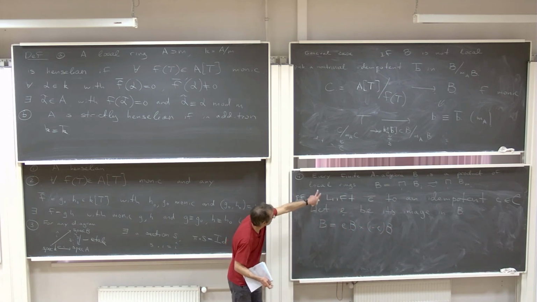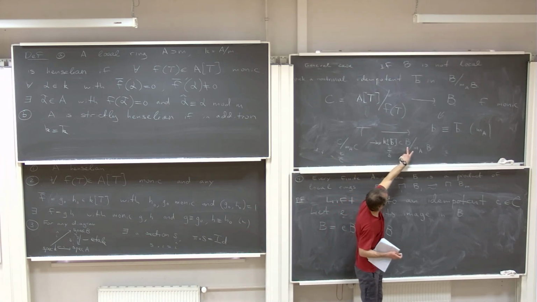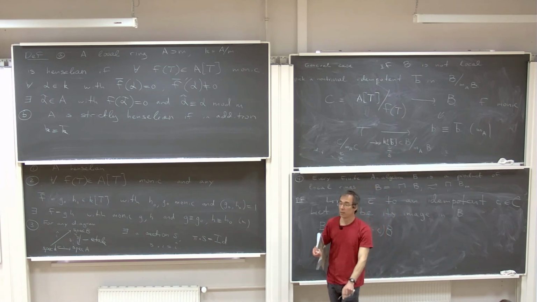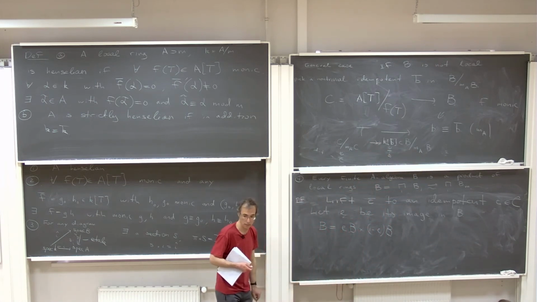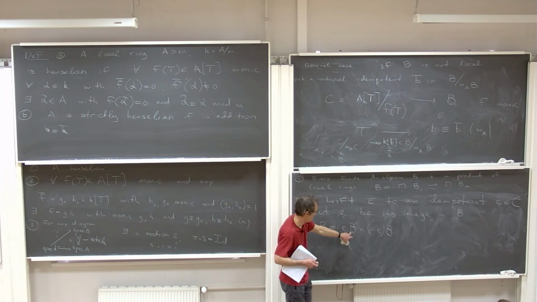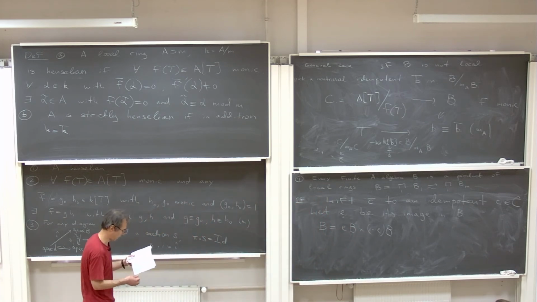So using this trick, we proved that every idempotent of the quotient lifts to an idempotent of B. Okay? Good. So this proves it by induction. So this has already fewer maximal ideals. So by induction, again, we prove the statement.